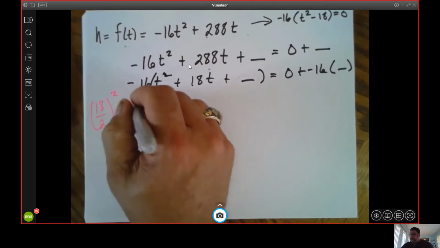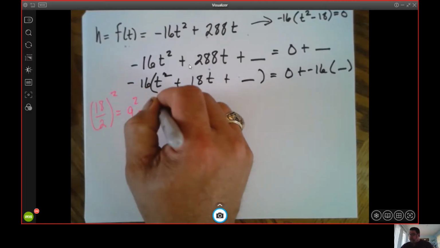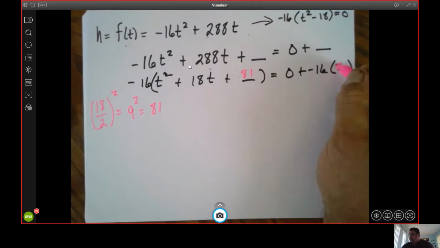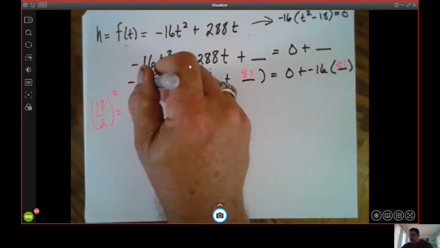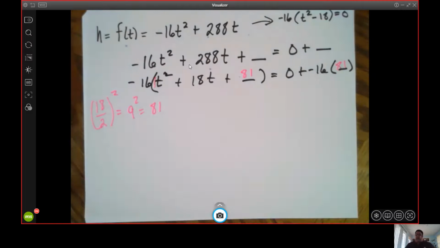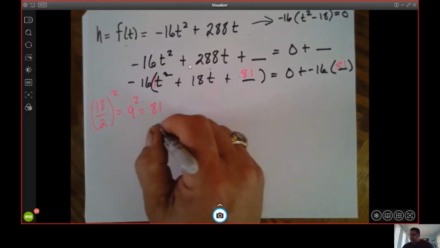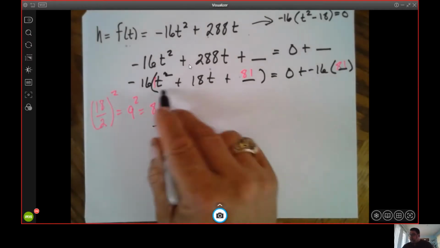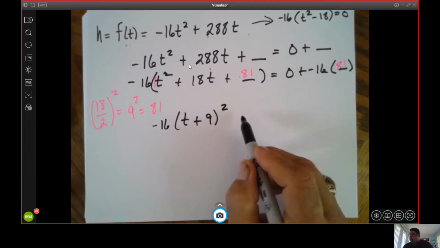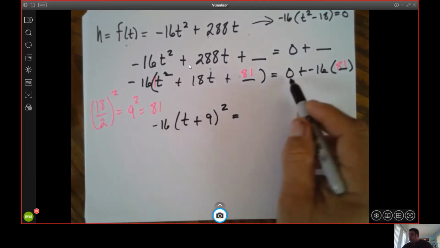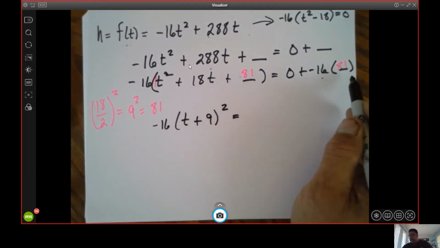So that's 9 squared, which is 81, and 81 goes here and there. But you can't complete the square until you get the number in front of the t squared equal to 1. So that's why I had to factor out the negative 16 first. And that gives you negative 16 times t plus 9 quantity squared is equal to 0, negative 16 times 81.